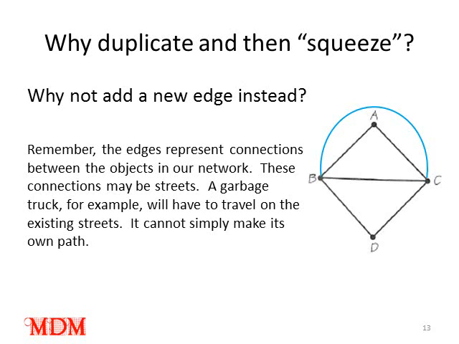These connections may be streets. They could be cables, a variety of different things. A garbage truck, for example, will have to travel on the existing streets. It cannot simply make its own path.